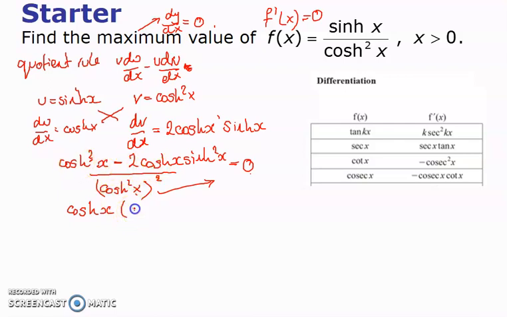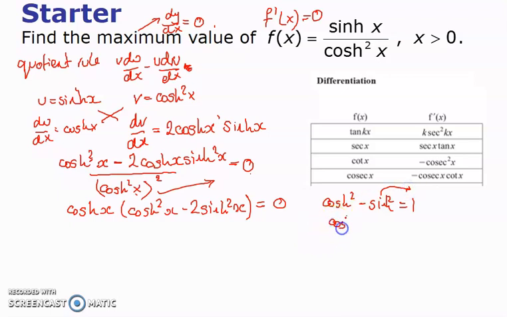Cosh appears twice, so I can write therefore cosh squared minus 2 sinh squared. And I suppose this is crying out for me to change one of these two. Now I saw before that cosh squared minus sinh squared equals 1. So which one should I get rid of? Makes no odds really. I can get rid of either. I'm going to write cosh squared is 1 plus sinh squared.